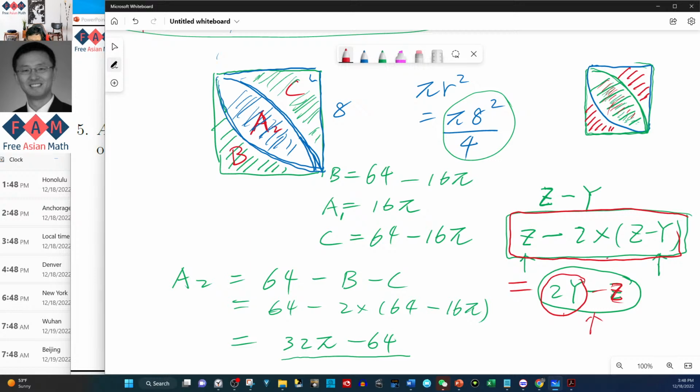This problem is very simple, but it gives us a lot of insights into how to attack this type of problem. That is, all those funky areas, no matter how complicated, are the result of certain combinations of areas that are relatively, or sometimes very, straightforward to compute, whose areas are very easy to compute.